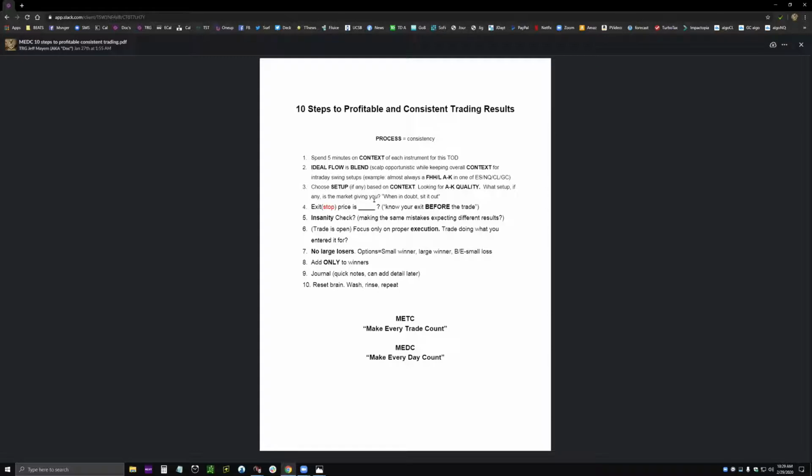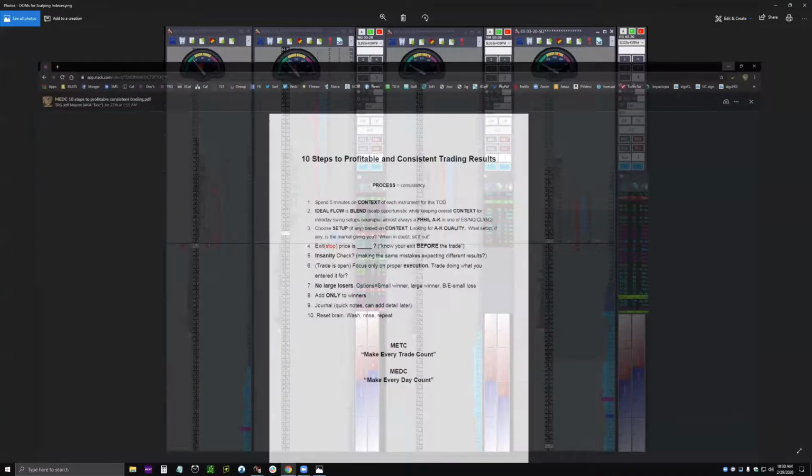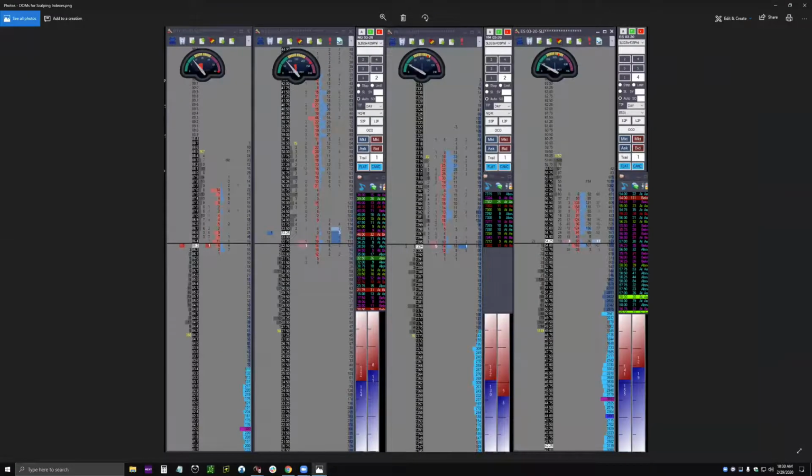So for me, the only thing I can do wrong is think too much and overanalyze and not let the market tell me what to do and try to tell myself what to do. Because the minute I do that, I start making mistakes. So that's the context that I'm going to talk about how I use footprint charts. Okay, so let's do this. I'm going to go over here and show you my left-hand screen.